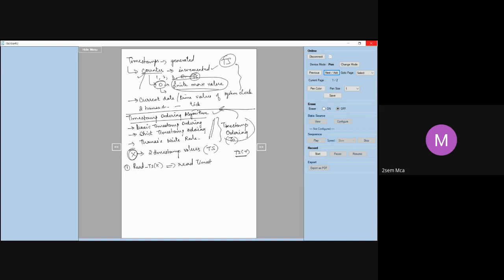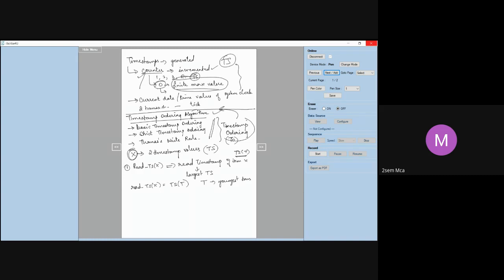One is read TS of X, the read timestamp of item X. This timestamp is the largest timestamp among all the timestamps of transactions that have successfully read that item X. So read TS of X is equal to TS of T, where T is the youngest transaction that has read X successfully.